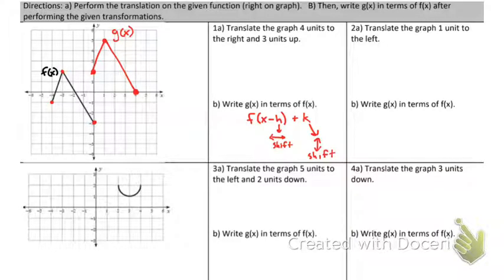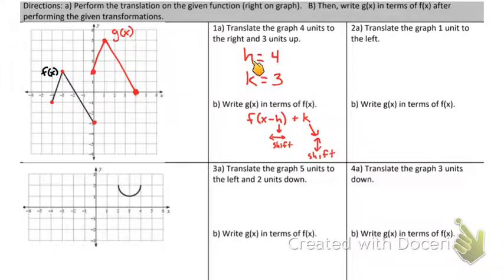So essentially, if you look at what we have done, in example 1, we went 4 units to the right. So since it's moving to the right, it is going to be positive 4, okay? So in this case, my h, when I plug it in, is going to be 4. And then my k, when we move units up, this essentially is my k. So my k is going to be positive 3.